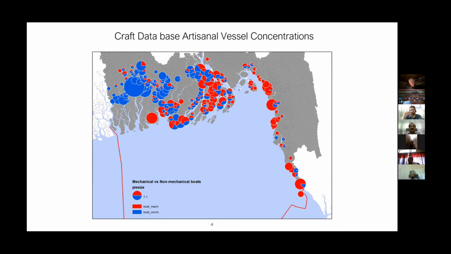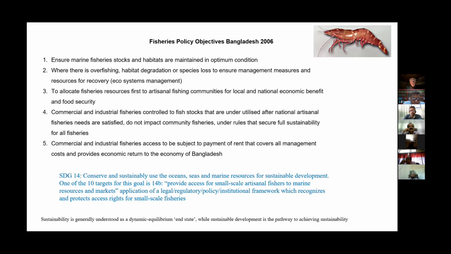This shows us where the artisanal sector needs priority to be able to reach the fishing zones which will support fishing communities.